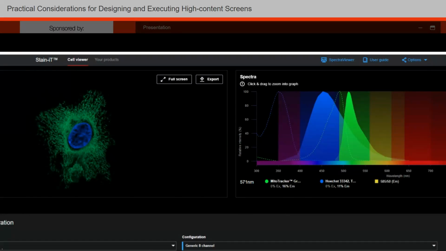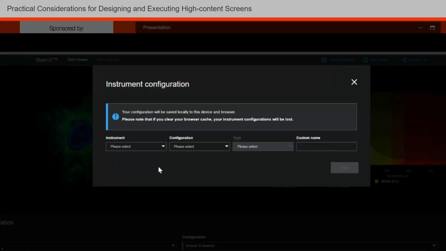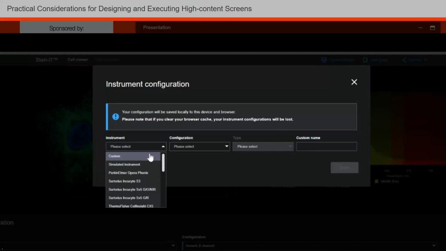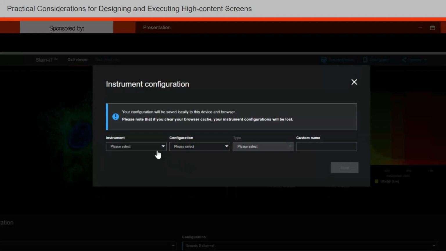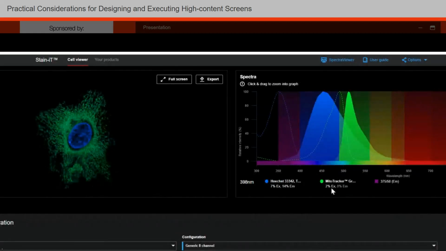You also have the ability to make a new instrument here, and you basically follow the prompts. You can say custom, or you could make an instrument based on a pre-populated series of settings. There's many things that you can do. You can save these settings and import them to other sessions and use those for your experiments. So absolutely. Thank you.